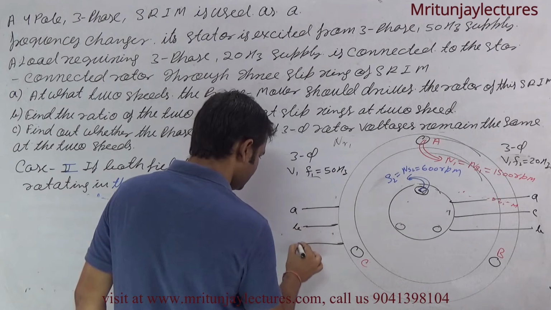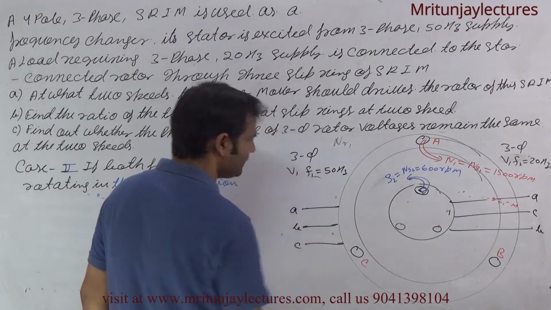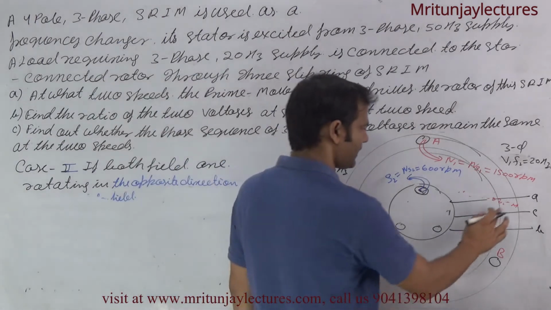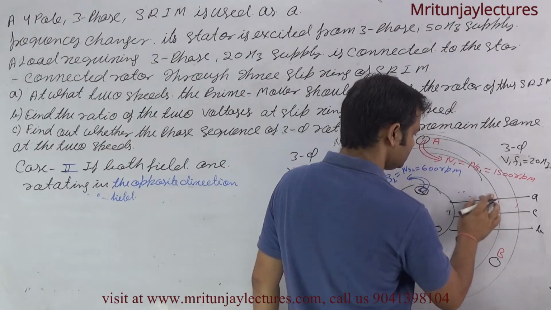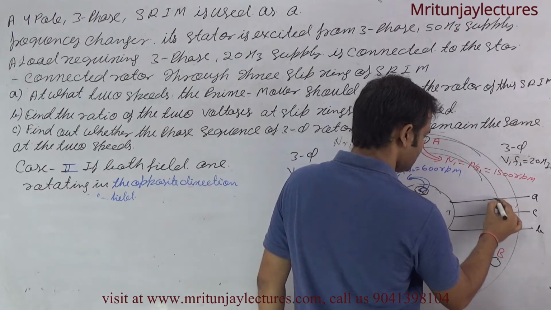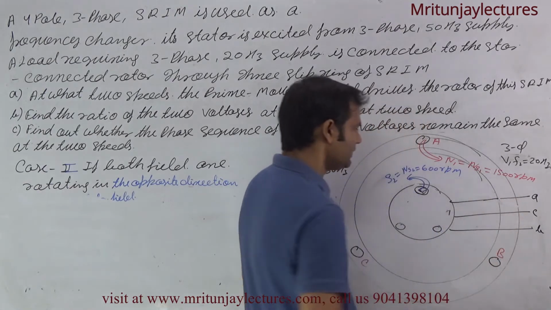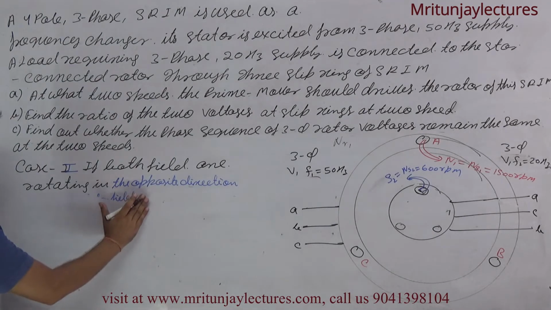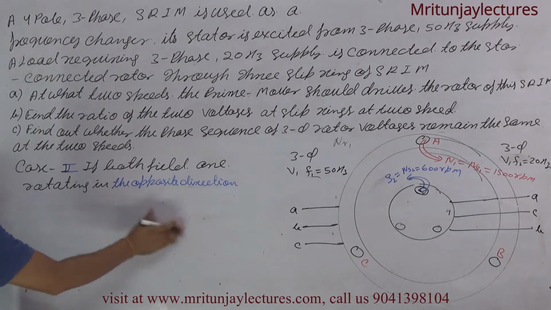That is A, B, C. Now if the phase sequence is ACB, clear, that is ACB, opposite direction.